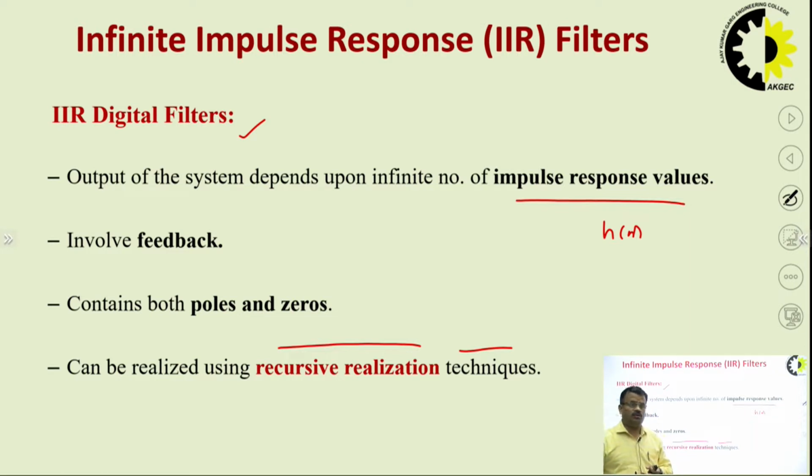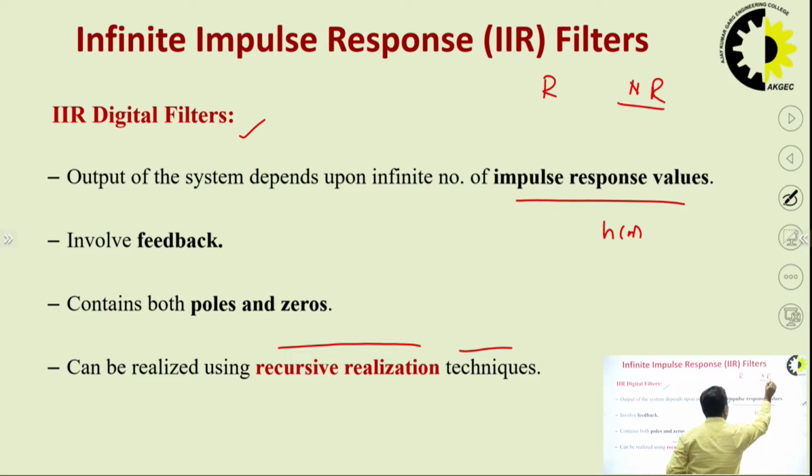So, you can say that any causal LTI system is further classified into 2 categories. First is recursive, and second is non-recursive. Non-recursive is as usual causal, whenever your output depends upon the present value of input and past value of input.